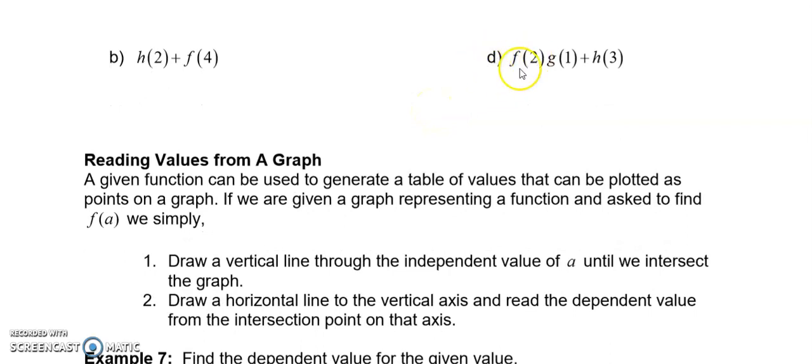Now notice for D, f of 2 is right next to g of 1. That is a multiplication. Okay, so you have to multiply those. But they're all relatively straightforward. Please make sure you check the solutions on D2L to make sure you're doing these correctly. But it's not that difficult of an idea, but it's an important idea.